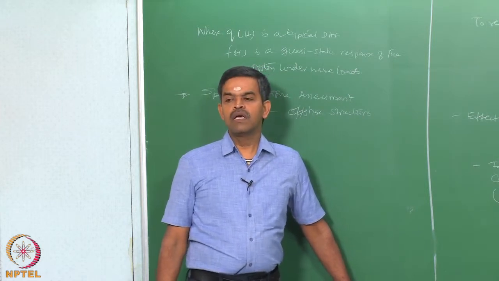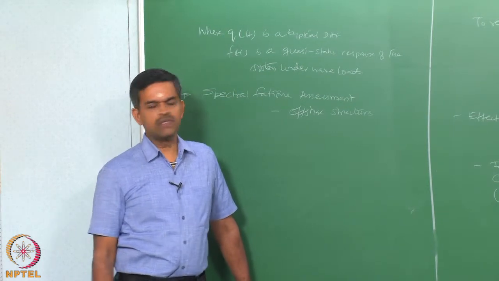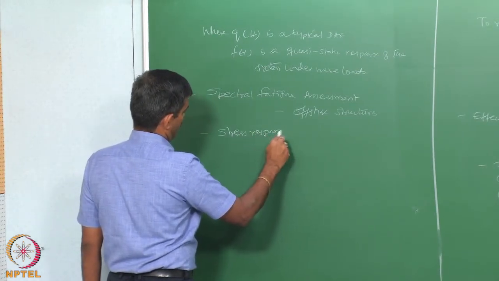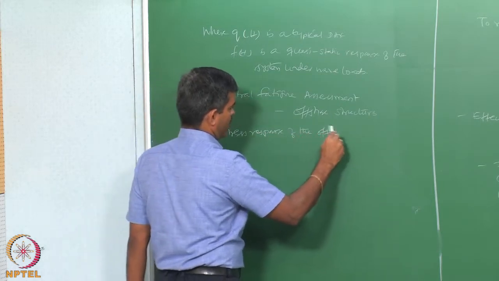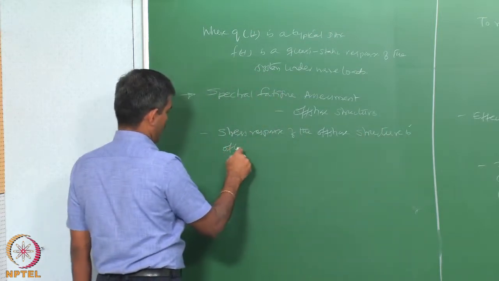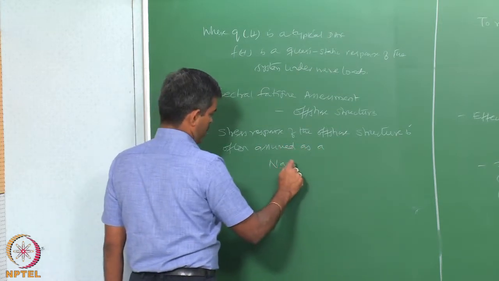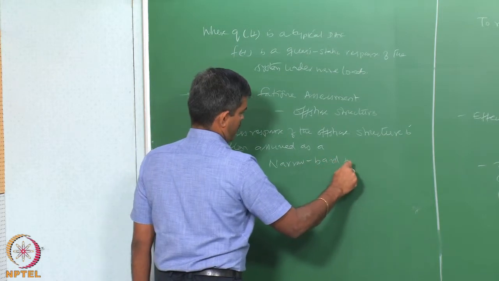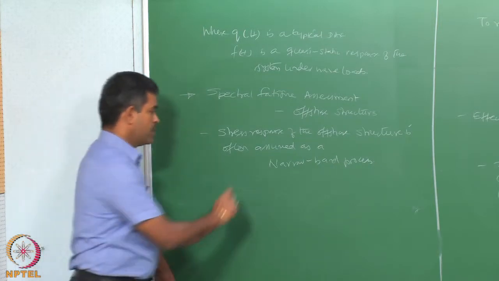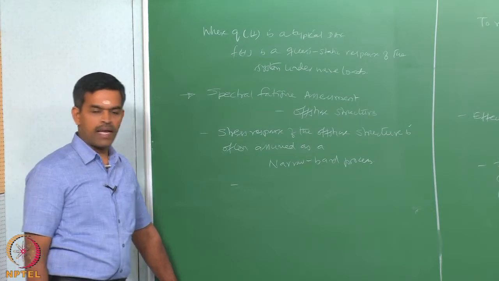Let us say the stress response of the offshore structure is often assumed as a narrow band process, for which both the zero upcrossings and peaks will follow Rayleigh distribution.